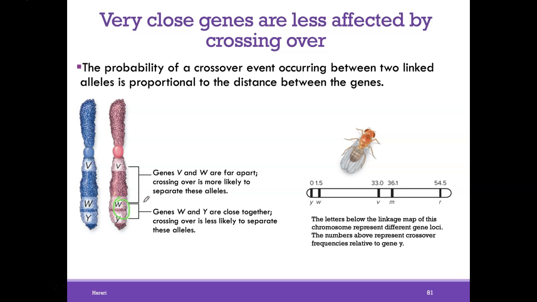But since V is far away from Y, it's possible that crossing over here can give you a big V and then little w, little y, and then little v and then big W and big Y. And it's possible by looking at these crossover frequencies to map out the distance of genes on a chromosome. And that's what you'll talk about a lot more in a genetics class.